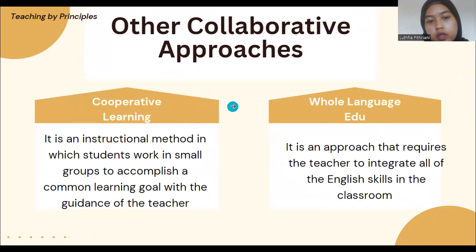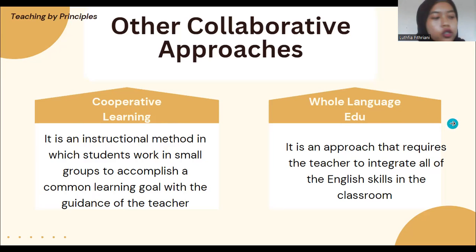So what are the differences? Cooperative learning refers to an instructional method in which students work in small groups to accomplish a common learning goal with the guidance of the teacher, while whole language education is an approach that requires the teacher to integrate all of the English skills in the classroom.